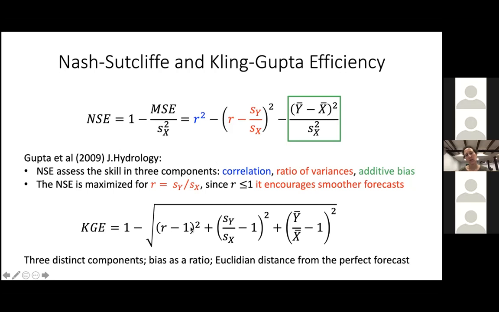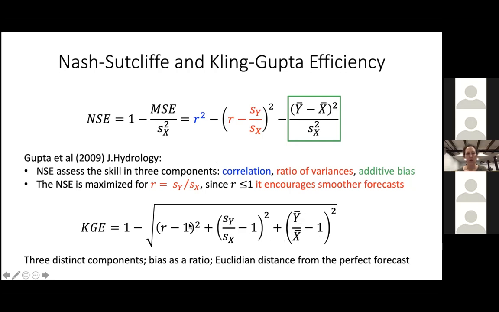So to address these two points, they introduced a new score, the Kling-Gupta efficiency, which is still divided into three distinct components. But in this score, the correlation is not mixed into the ratio of the variances component, and the bias is also put in the form of a ratio.